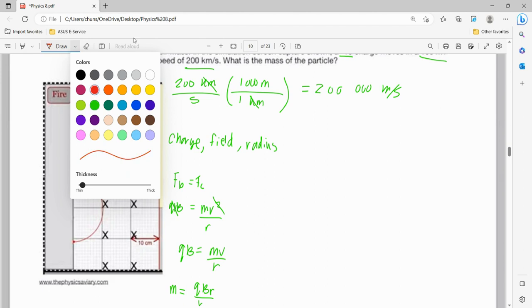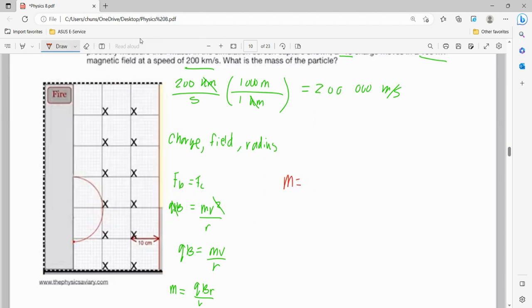So now if we use this to calculate our mass, our charge is 1.6 times 10 to the negative 19. And this was given to be 100 milliteslas. Our radius is 10 centimeters, so that's 0.1 meters.